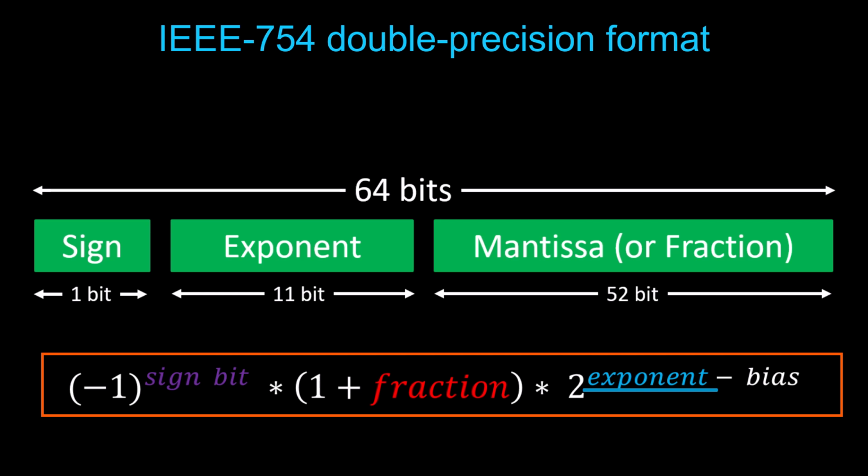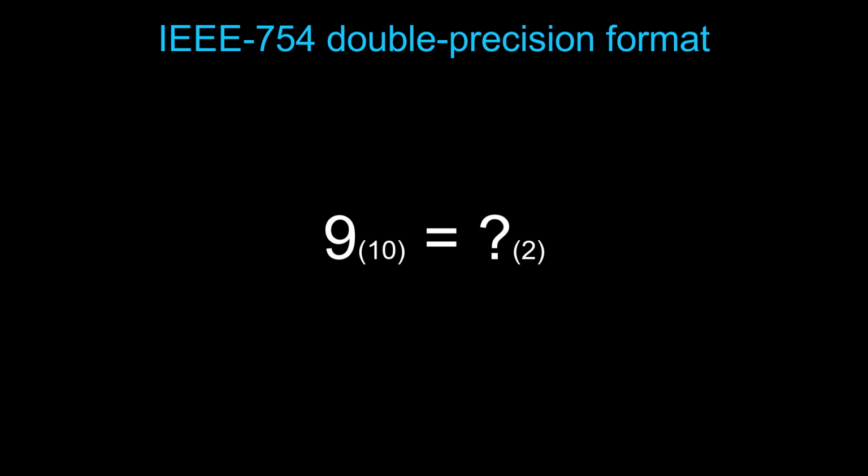Maybe it does not make sense because I'm just talking. The best way to learn is by practice. I will convert one integer and one floating point number to binary using IEEE 754 double precision format, so you can learn. Let's convert 9 from decimal to binary using IEEE 754 double precision format, step by step.